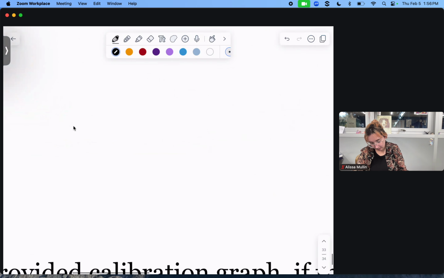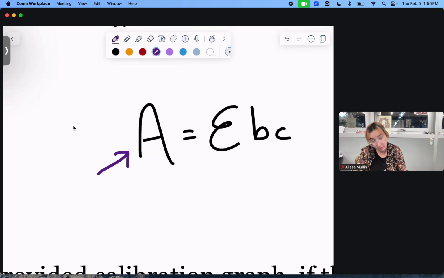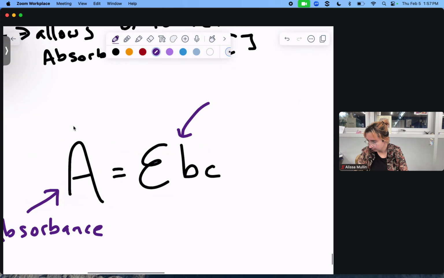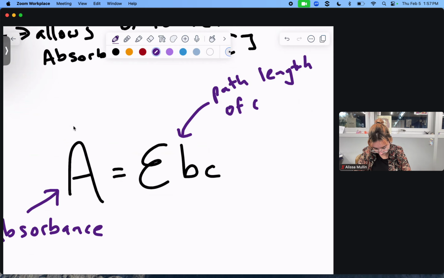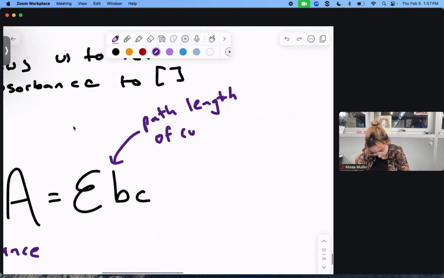So, a super simple equation. We have A equals epsilon B C, where A is your absorbance, a unitless value. B is the path length of our little container of this sample.